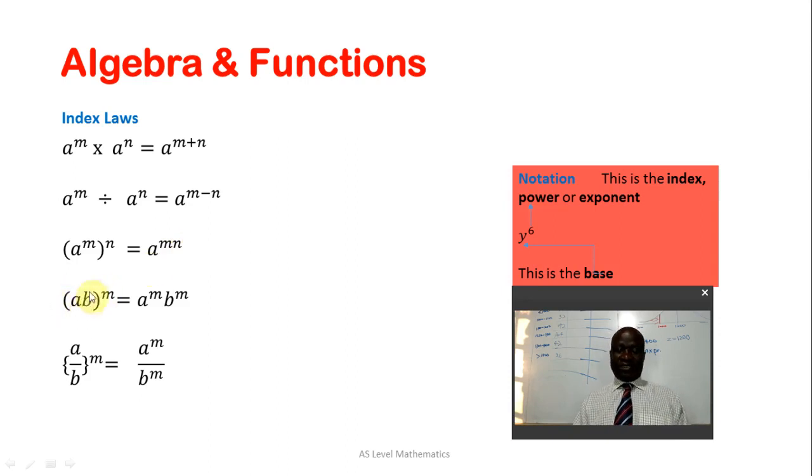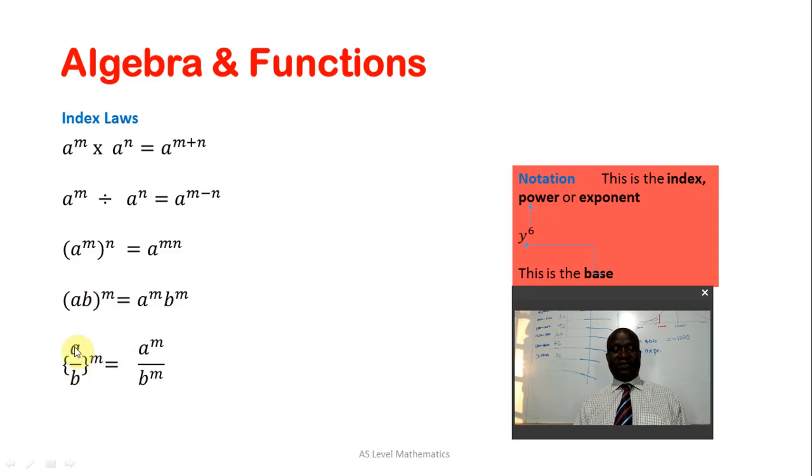Then when we have a product of two numbers raised to a given bracket, so let's say this is A power 1, so 1 times m is A power m. B power 1 times m is B power m. And this is a fraction raised to a particular power.